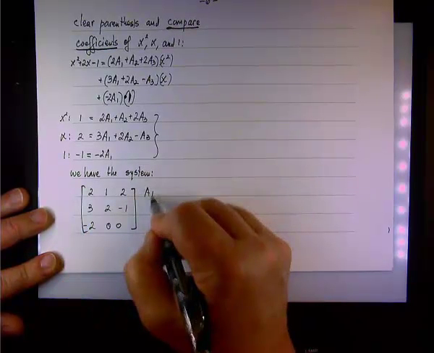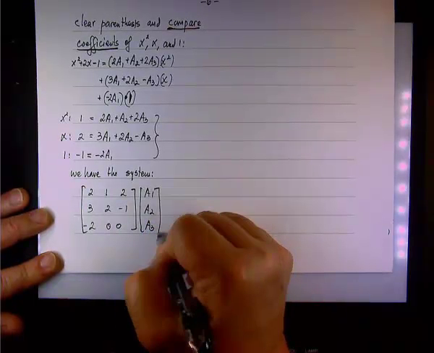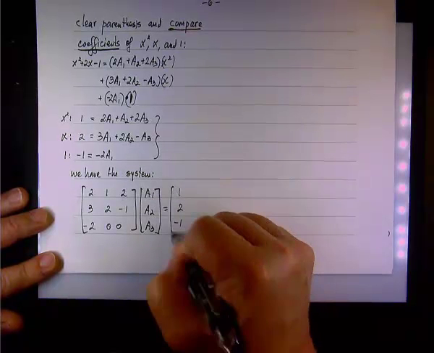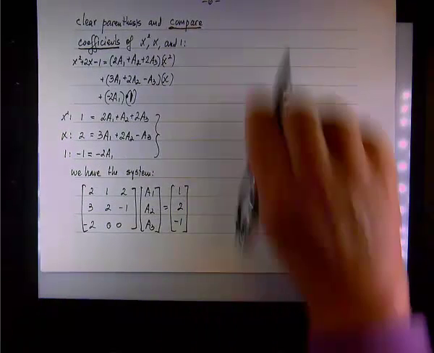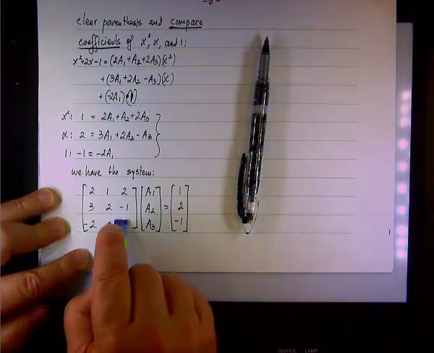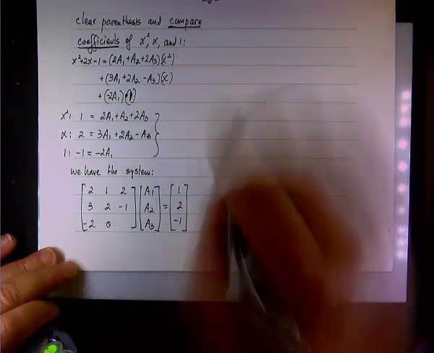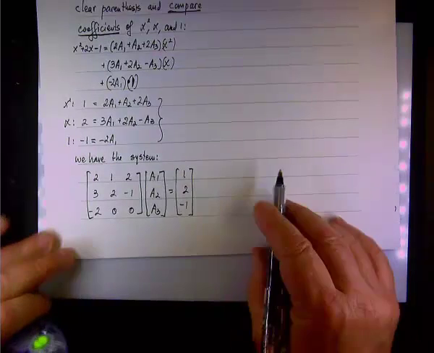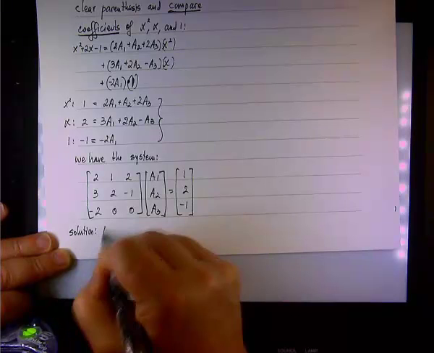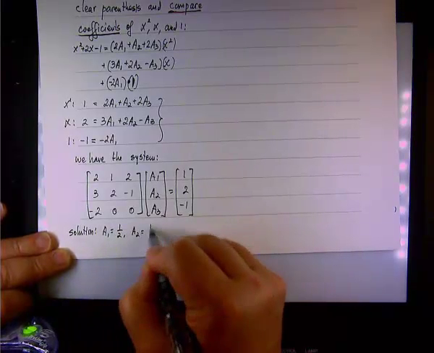On the other hand, we have the system, and this is something that you can use in your graphing calculator. I really like you to solve it by hand, but the system will be the matrix with rows 2, 1, 2; 3, 2, −1; −2, 0, 0, times a1, a2, a3, and on the right side we have 1, 2, and −1.